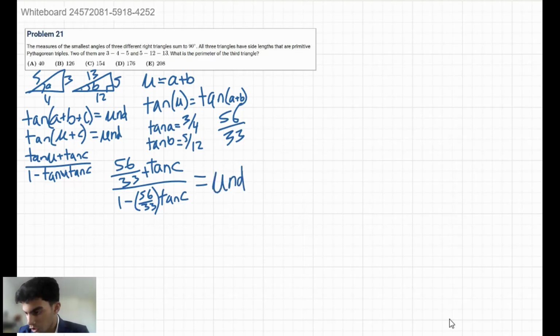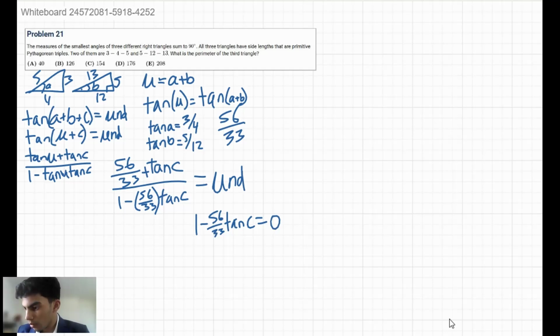All right, so this is pretty interesting here. Well, notice that this is a rational expression here, and if we want to get an undefined output from that, the denominator must equal 0. So we can go ahead and set this to 0. So this would be 1 minus 56 on 33 tan C equals 0.